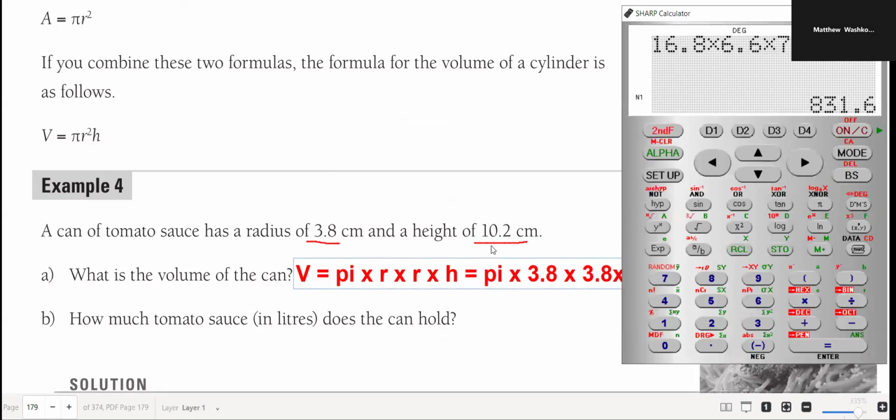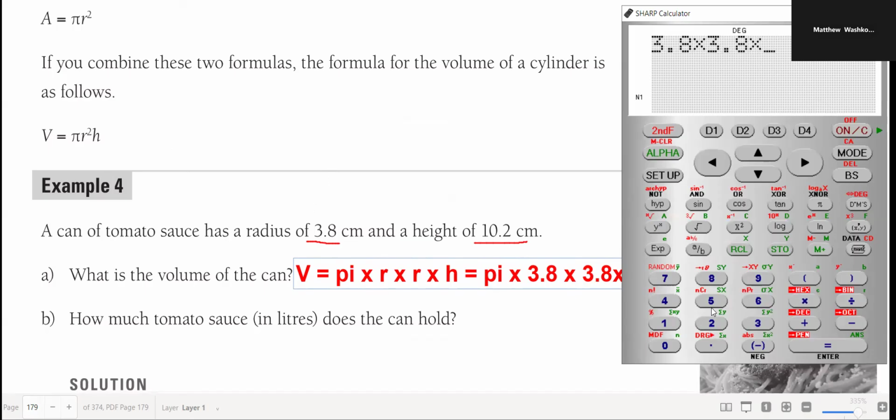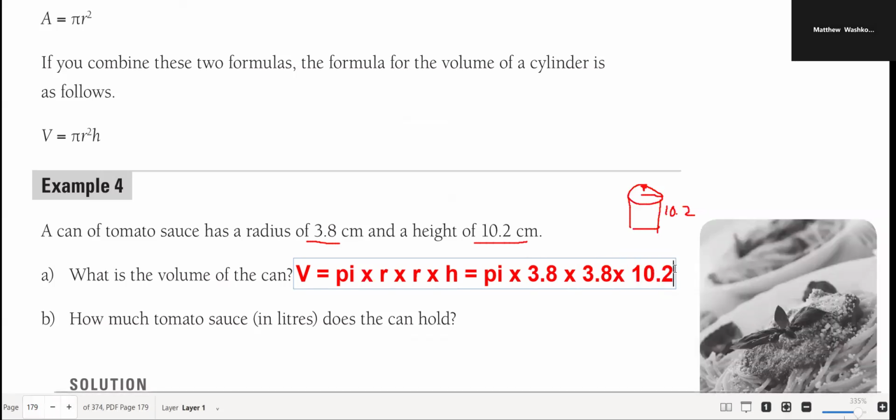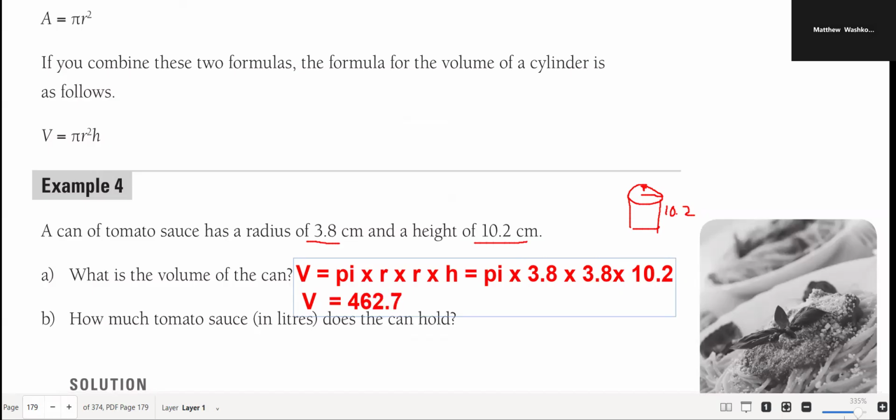3.8 times 3.8 times 10.2 times pi. 462.7. Volume is equal to 462.7. What? Specify cubic centimeters.